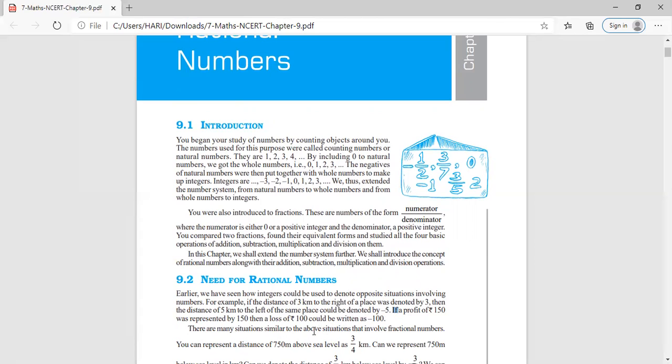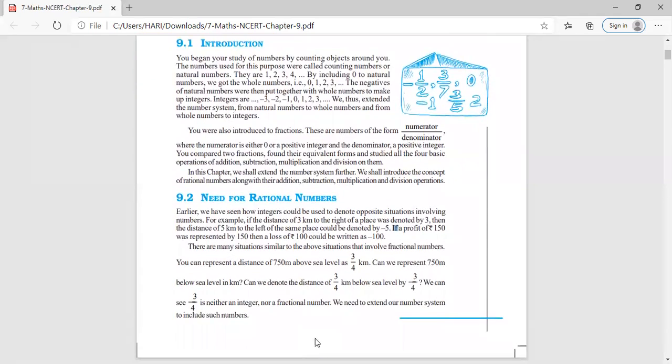There are many similar situations that involve fractional numbers. You can represent a distance of 750 meters above sea level as 3 by 4 kilometer. Then how will we represent 750 meters below sea level in kilometers? See, we have to represent 750 meters in kilometers above sea level.